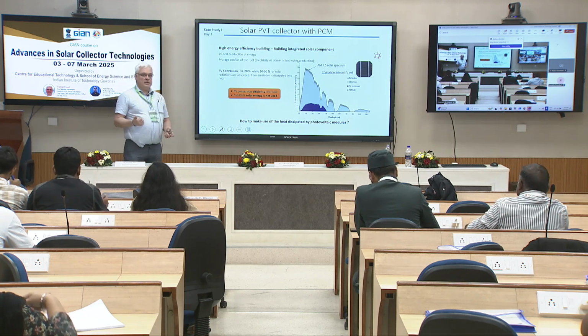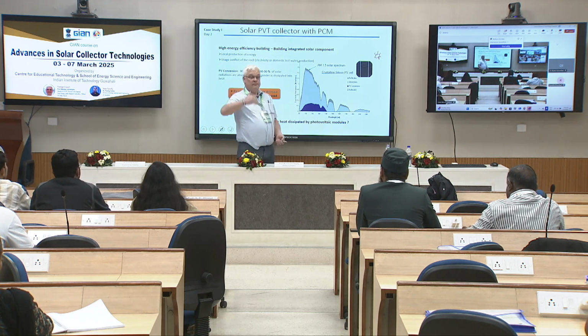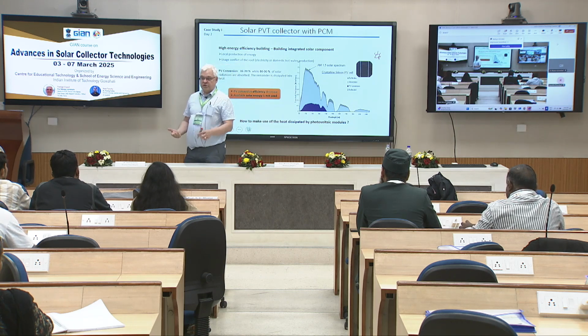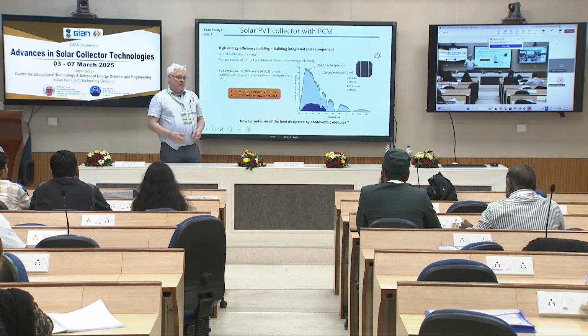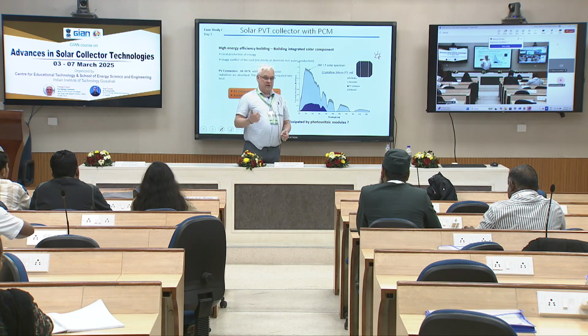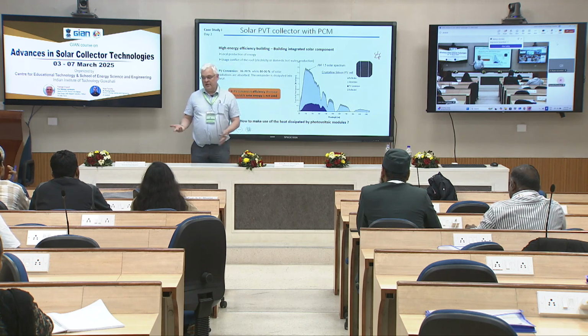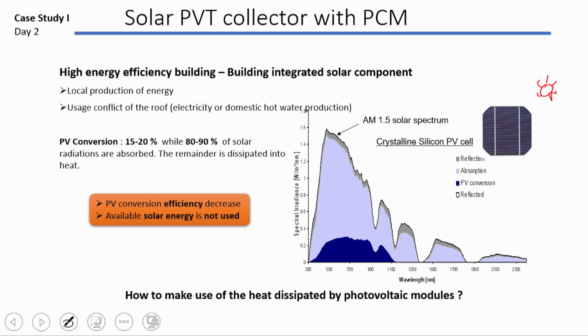We have seen that we are able to generate what we want if we concentrate the solar energy and reach a temperature over 200, 300, so we are able to generate steam. Then from the steam we are able to generate electricity, or we can generate heat, we can generate cool. We will see in the lecture about solar heating and cooling.